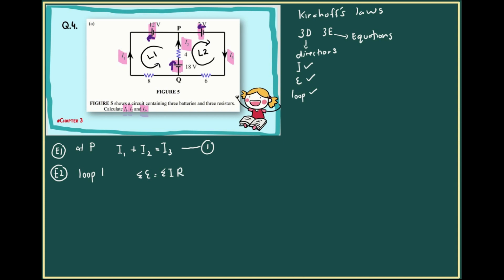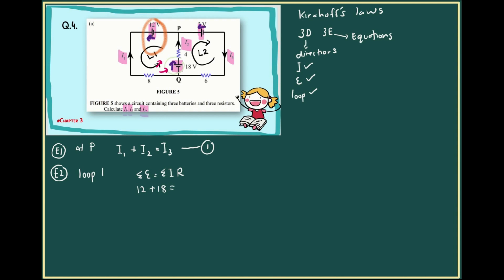For the first EMF, the 12 volt EMF, the direction of loop and the direction of EMF are the same, so it's positive 12. If we compare the second EMF here, the direction is again equal to the direction of loop, so again it is positive.